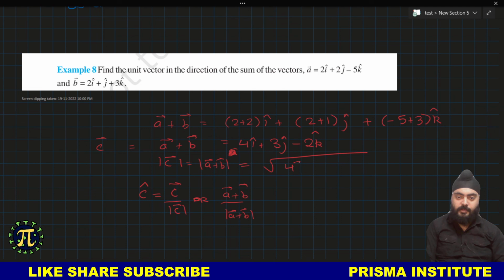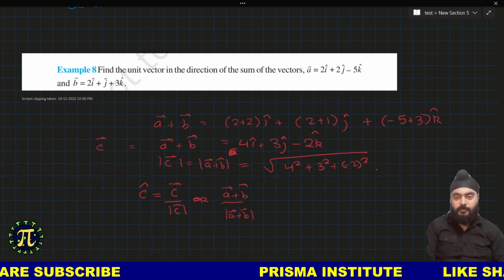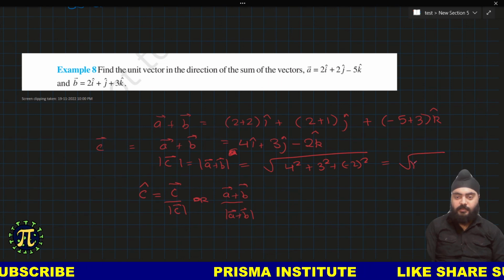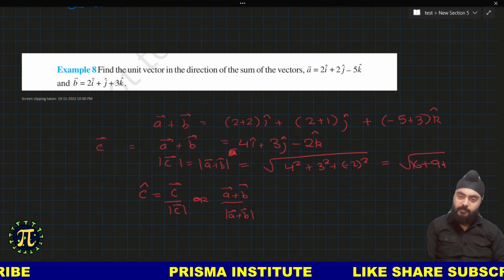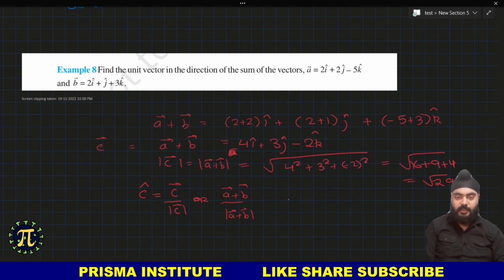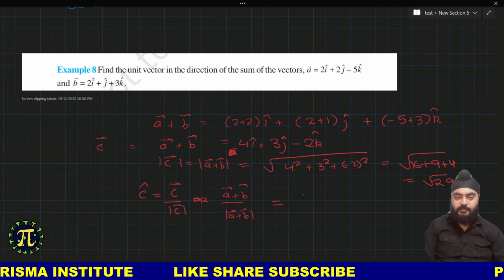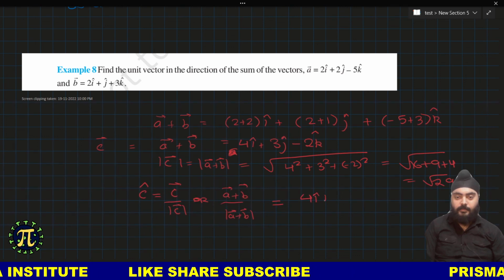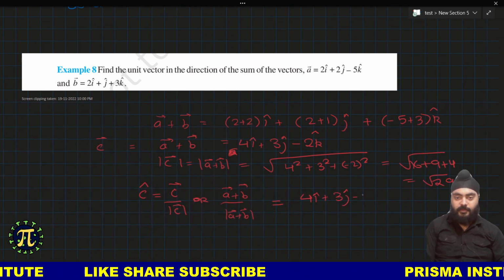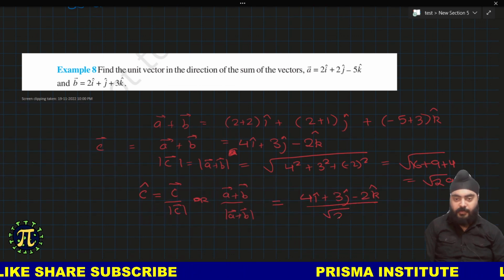So 4 square plus 3 square plus minus 2 square, which is 16 plus 9 plus 4, which is root 29. So c cap, the unit vector in the direction of the sum of these two vectors, is nothing but 4 i cap plus 3 j cap minus 2 k cap divided by root 29.